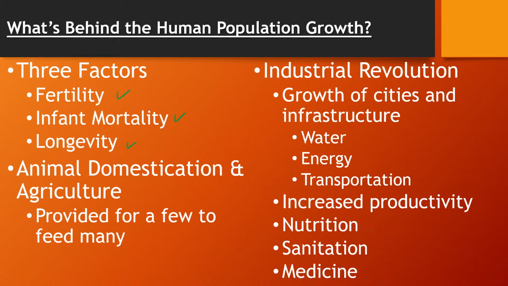Animal domestication and agriculture provides for few to feed many. The Industrial Revolution led to the growth of cities and infrastructure, more water, energy, transportation, increased productivity, nutrition, sanitation, medicine. All these things led to the insane growth in human population.